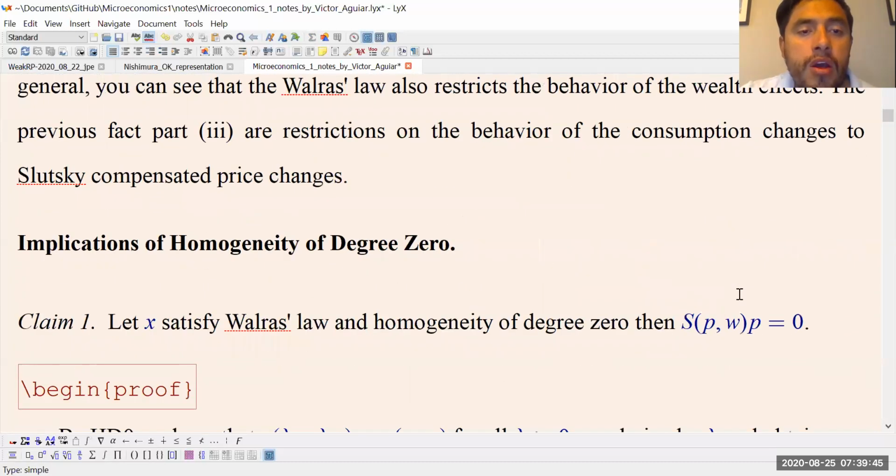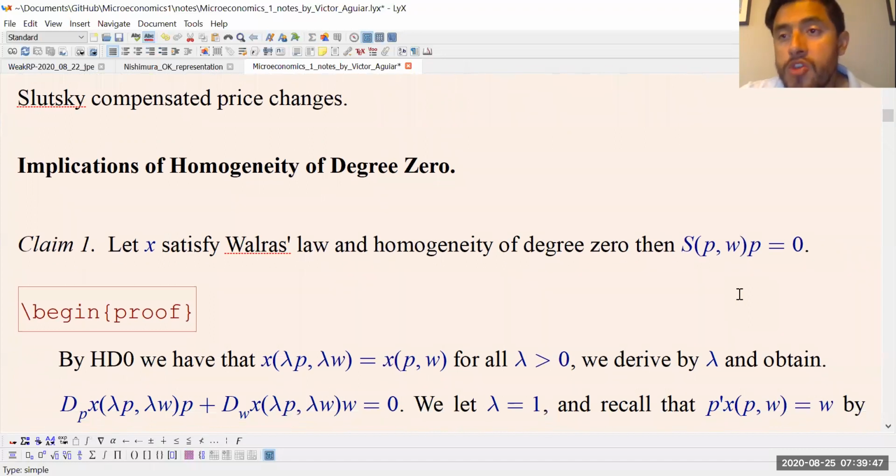Okay, so now the implications of the homogeneity of degree 0. This particular one is very simple. It just tells me that this Slutsky matrix, if I multiply it by prices, is equal to 0. So what it means, for the people that remember linear algebra, is that the Slutsky matrix is not full rank. So the rank, or the number of columns that are linearly independent, is less than the dimension of the Slutsky matrix.